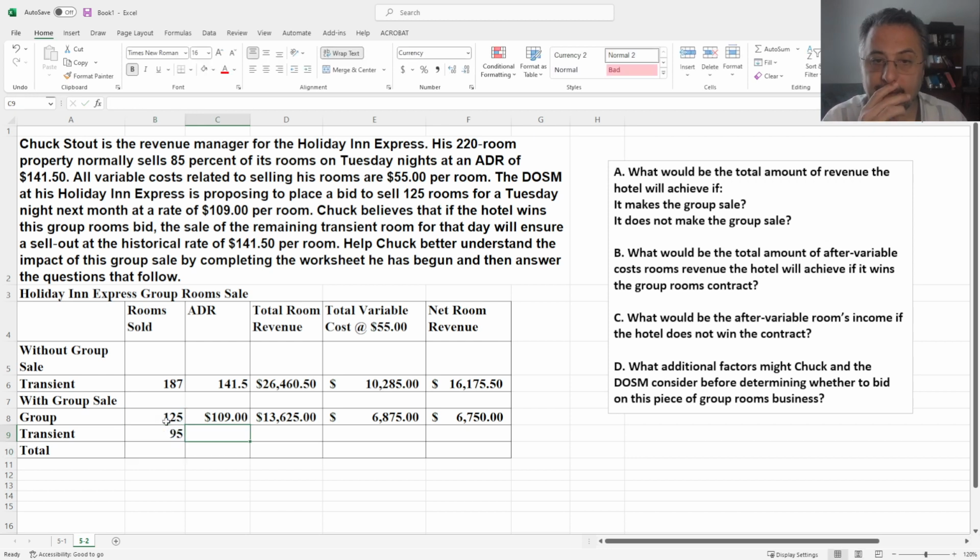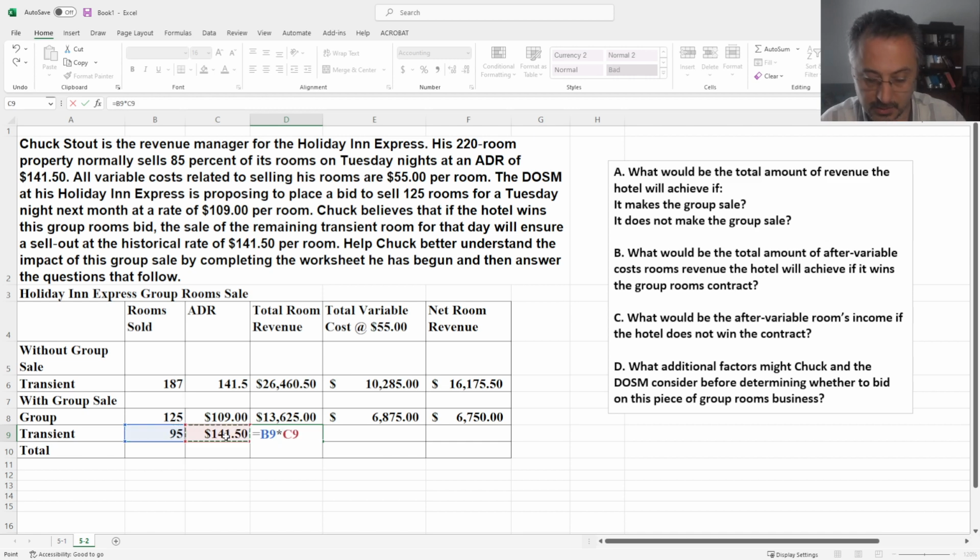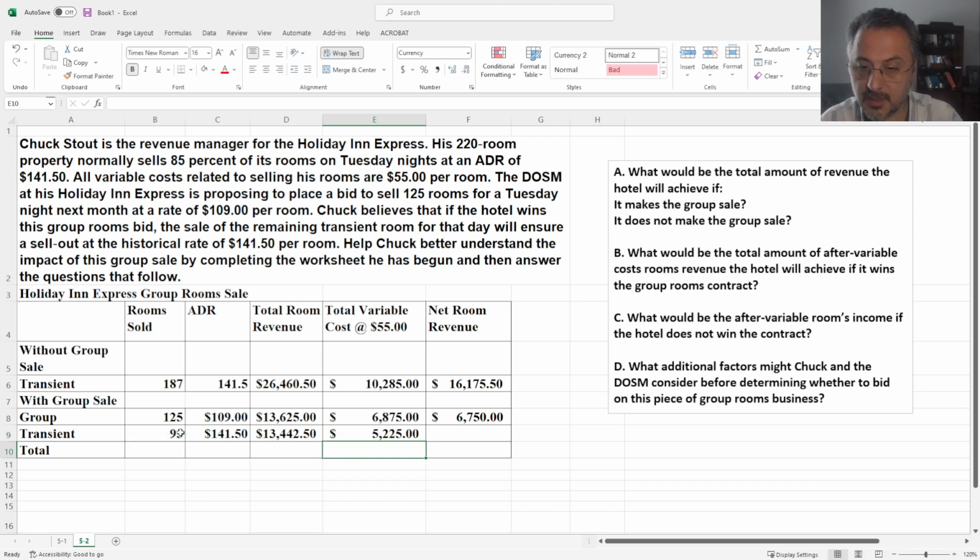And it's going to sell at the historical rate of $141.50. Total room revenue from this is going to be this, and variable cost is going to be 55, and let's also get the net room revenue, this minus this.